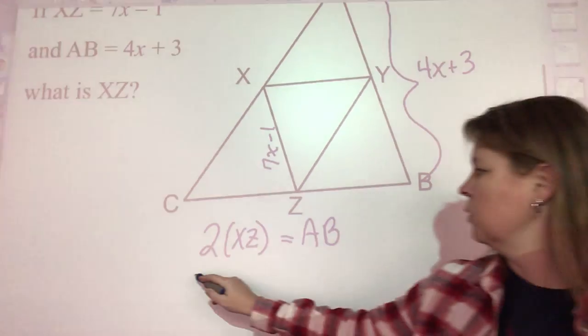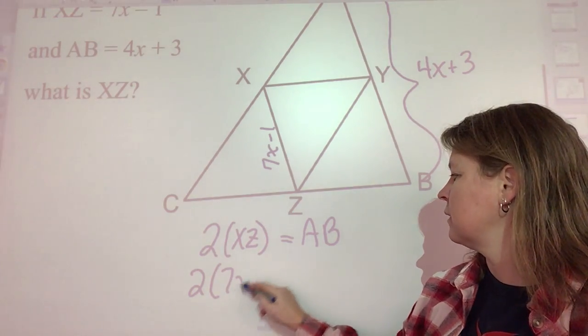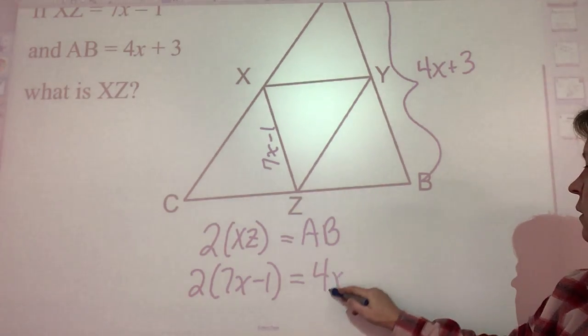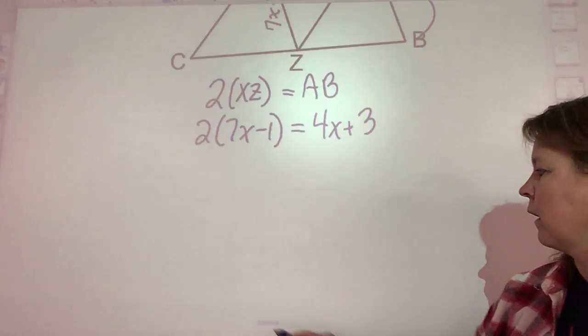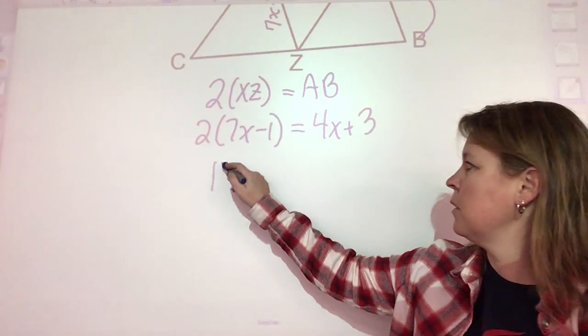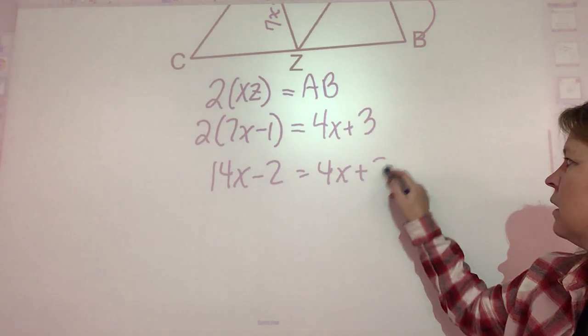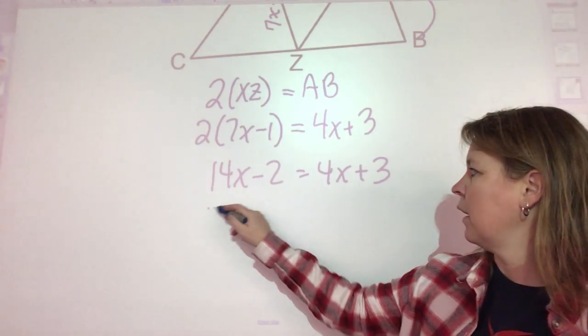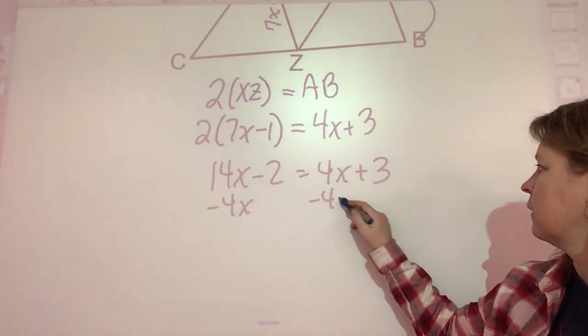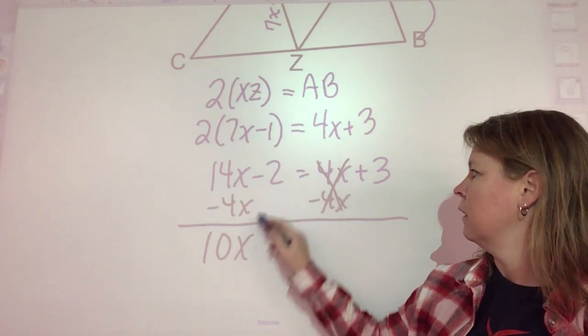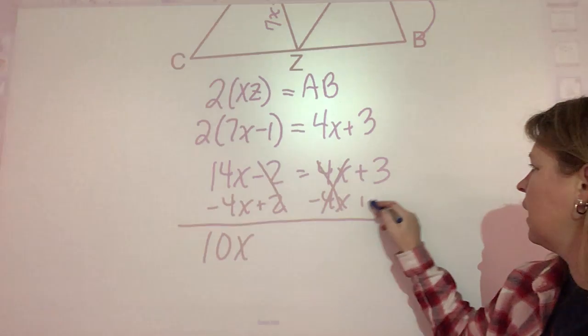So we take 2 times parentheses 7x minus 1 and set it equal to 4x plus 3. Do the math, distribute. 14x minus 2 equals 4x plus 3. Minus 4x from both sides, you get 10x. Add 2 to the other side.